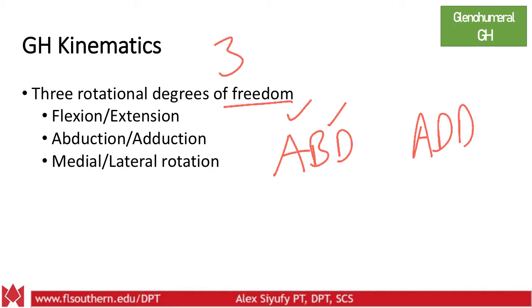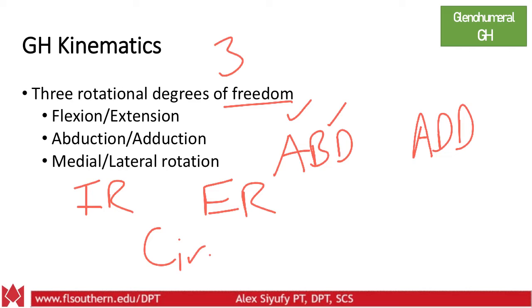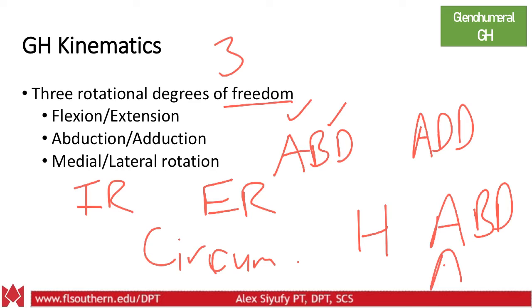Medial rotation is often called IR, internal rotation, lateral rotation is often called ER for external rotation. In addition to these motions, we do also recognize the glenohumeral joint does go through circumduction, and it also goes through horizontal abduction and horizontal adduction, and we can demonstrate those in lab.